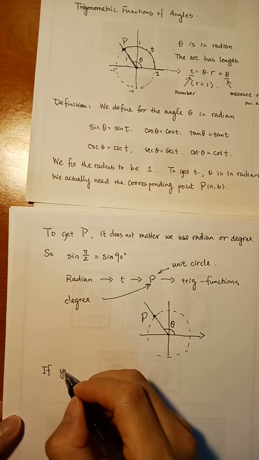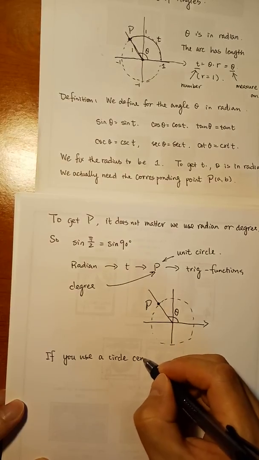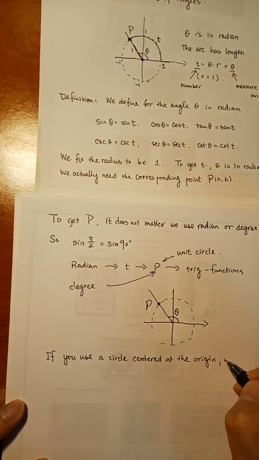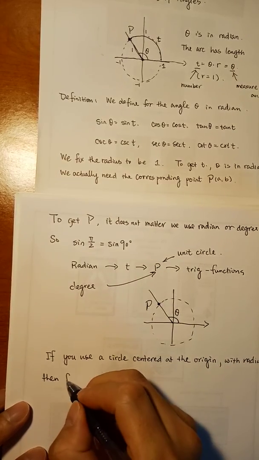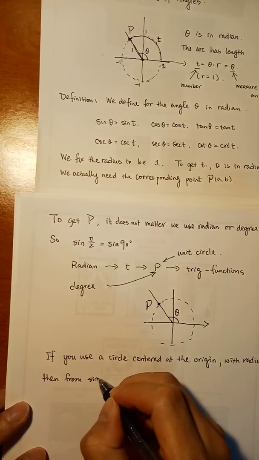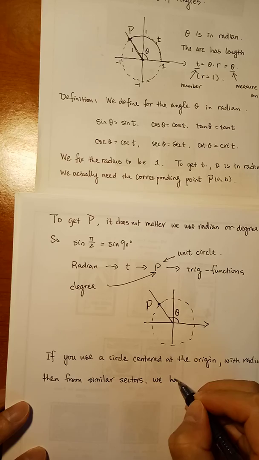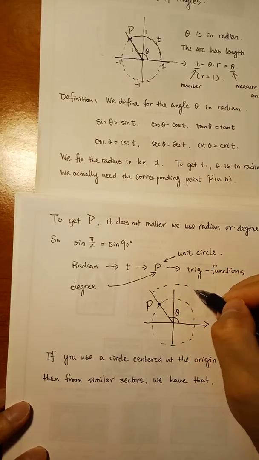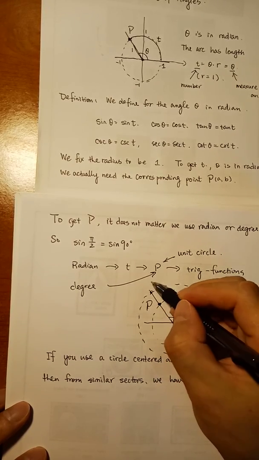If you use a circle centered at the origin with radius r, and it's not radius 1, then from similar sectors we have the following. Here, this is the intersection with P, this is the intersection with P prime.